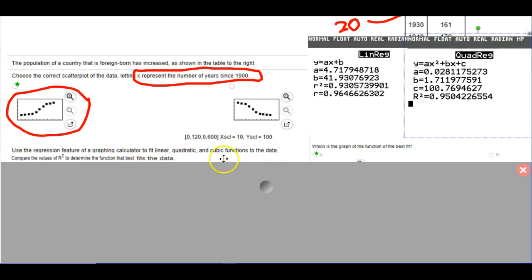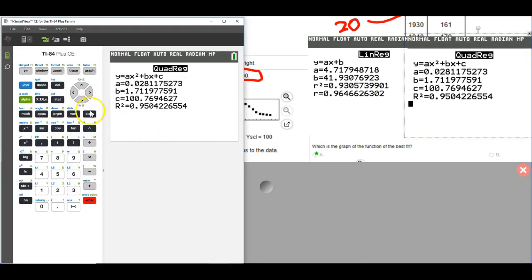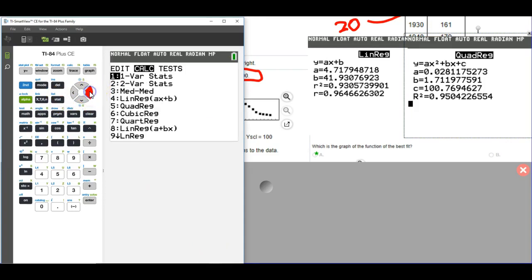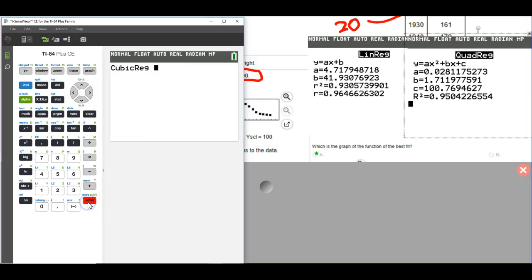Okay, and then I'm going to do the cubic here. So bring the calculator back, clear, stat, calc, cubic is number 6, VARS, right arrow, enter, enter, enter.